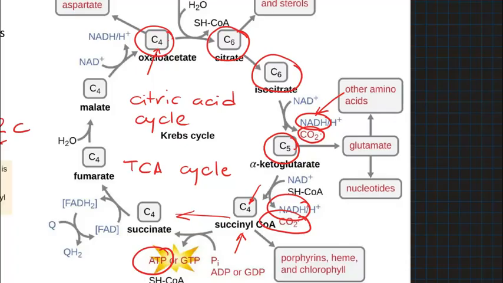Becomes CO2. Okay? Because we're going to go back to this loss of carbons, and we're going to discuss why this is important. What does it mean conceptually to our reaction that we wrote before when glucose is oxidized to CO2 and water?